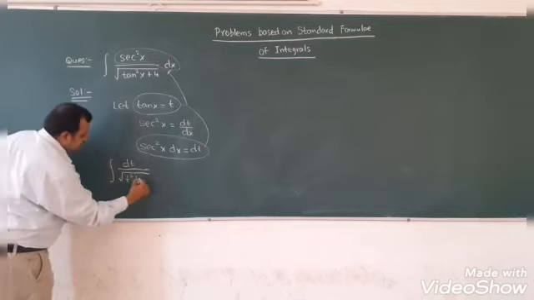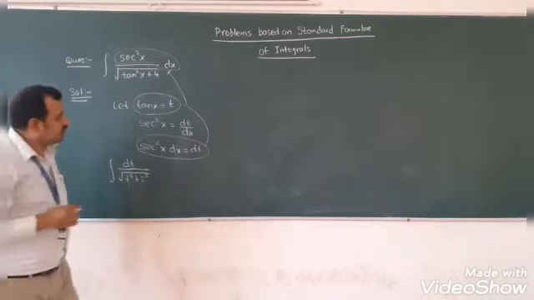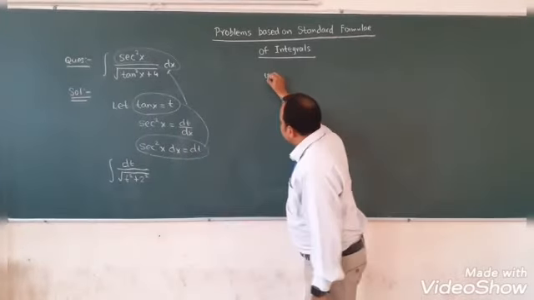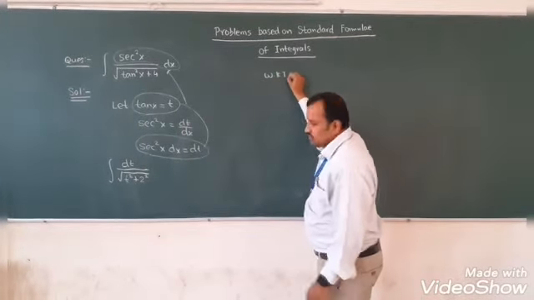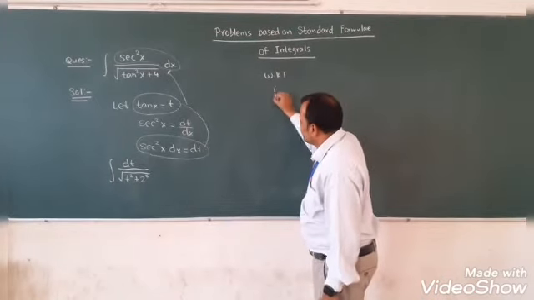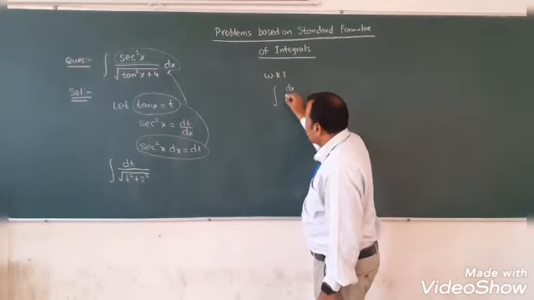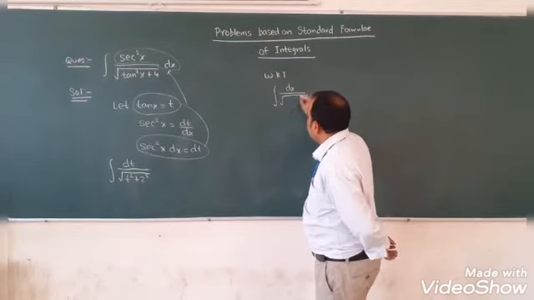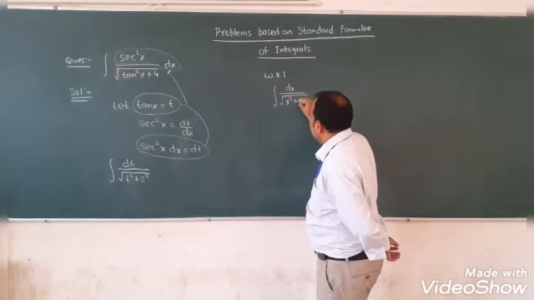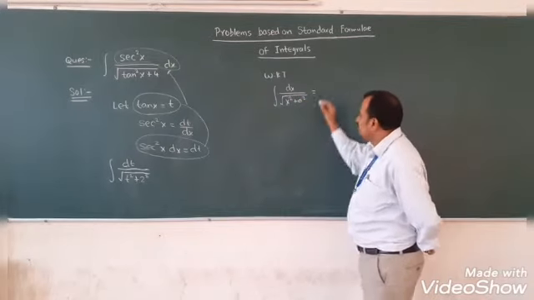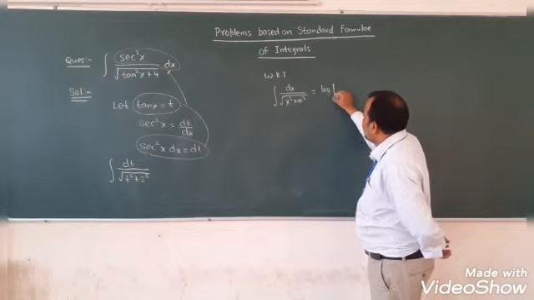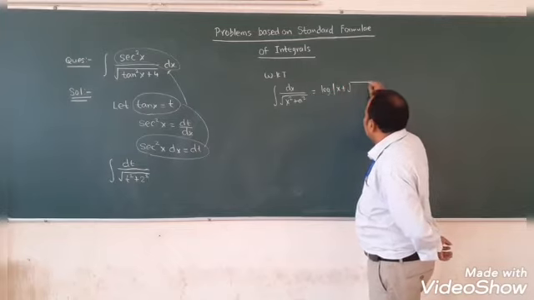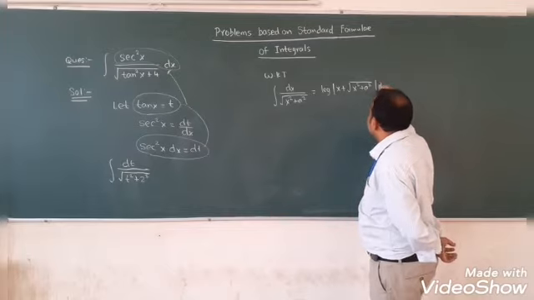4 we can write as 2 square. Now tell me which formula will come here. So can I say that we know that one formula is here, dx divided by square root of x square plus a square. So formula is saying what? Log of x plus root over x square plus a square plus c.